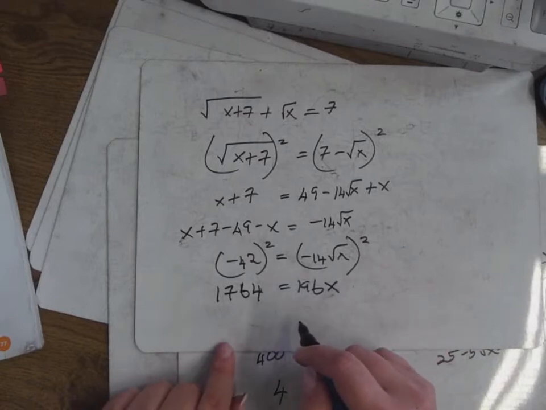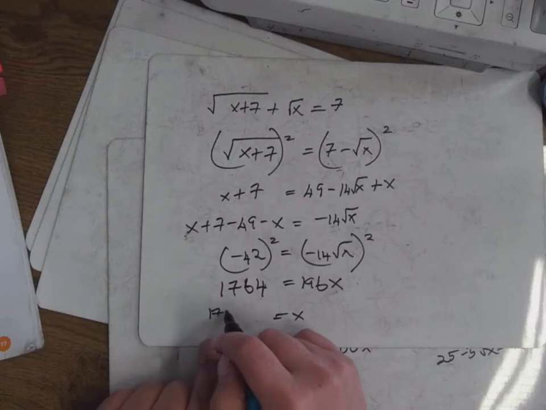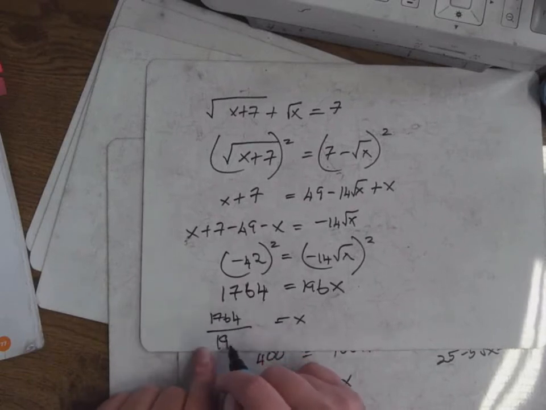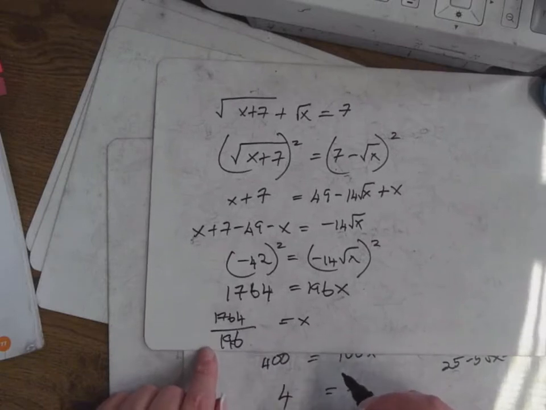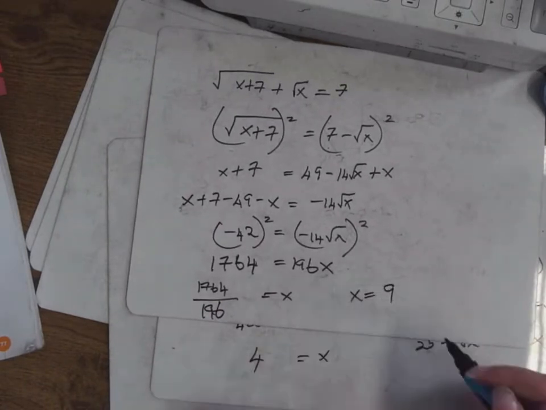And then divide by 196, so x is equal to 1764 divided by 196, 9? Yeah, x is 9. Is that okay?